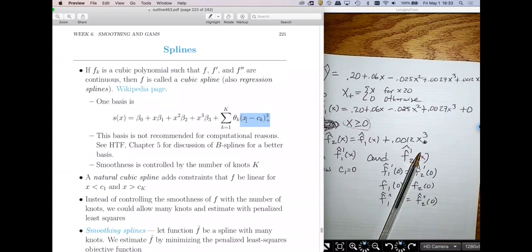So let's say I had a number like 10. 10 isn't even that big. Well, 10 squared would be 100. 10 cubed would be 1,000. Likewise, if I had an x that was very close to the knot, let's say it's 0.1 away. Well, if I take 0.1 cubed, I end up with 0.001, which is a very small number.